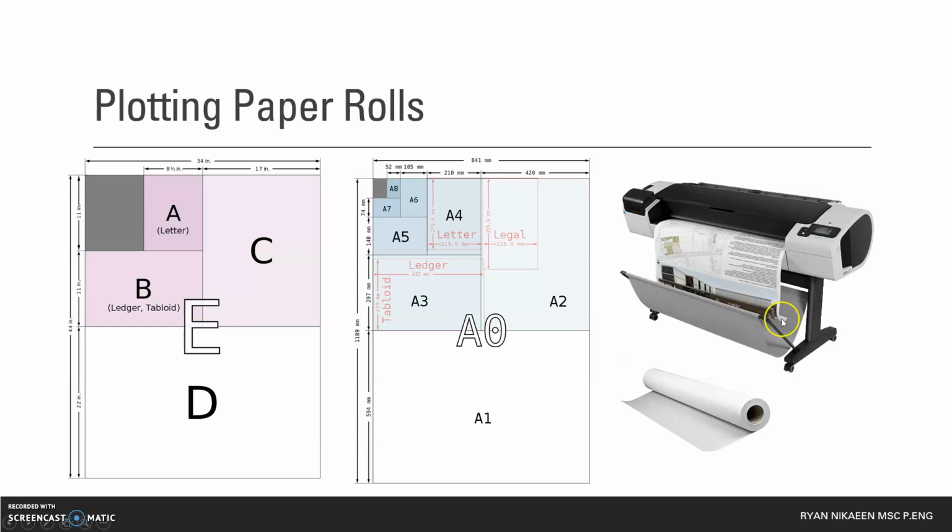Basically you load this roll, you start plotting, and when you reach 594, the machine stops and cuts the sheet, and you're going to have an A1 sheet. If you want to plot an A0, it's the same idea, but you stop at 1189. Okay, so this is the way that we plot.